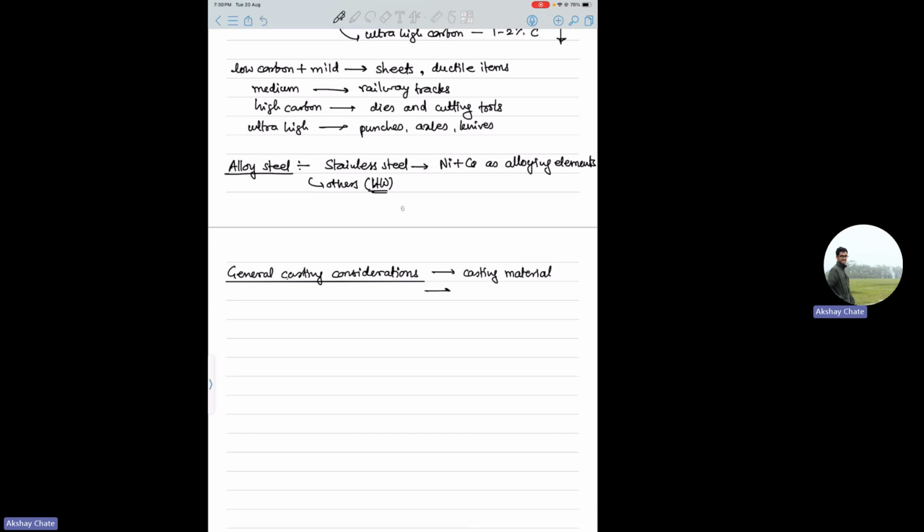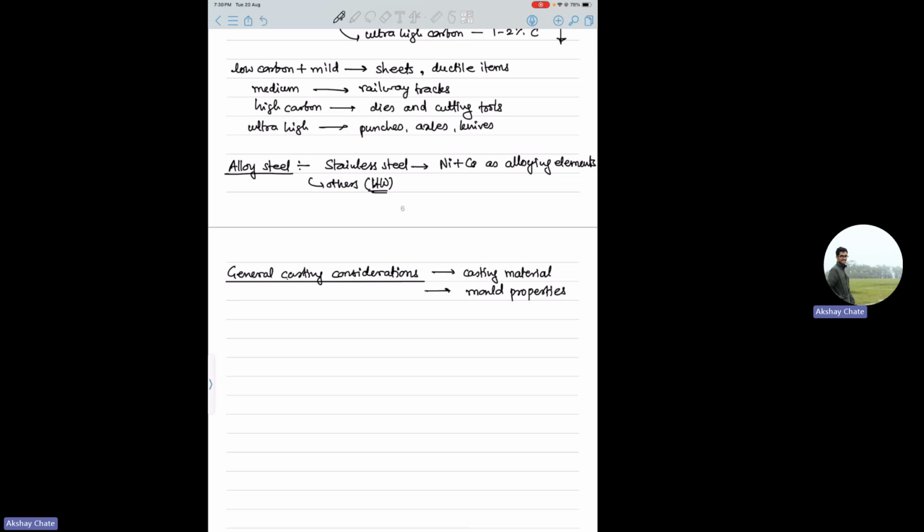Then, second is mold properties. So that includes mold material as well as its making process, etc. Depending on type of metal and temperatures that we deal with, you need to choose whether you need green mold, dry mold, permanent mold, metal mold, die mold, whatever it is, and all those things.